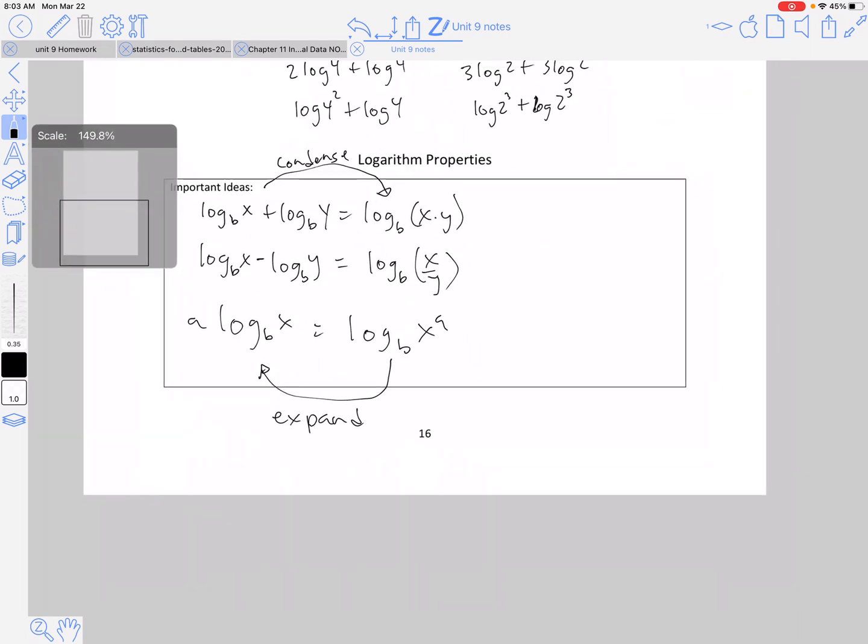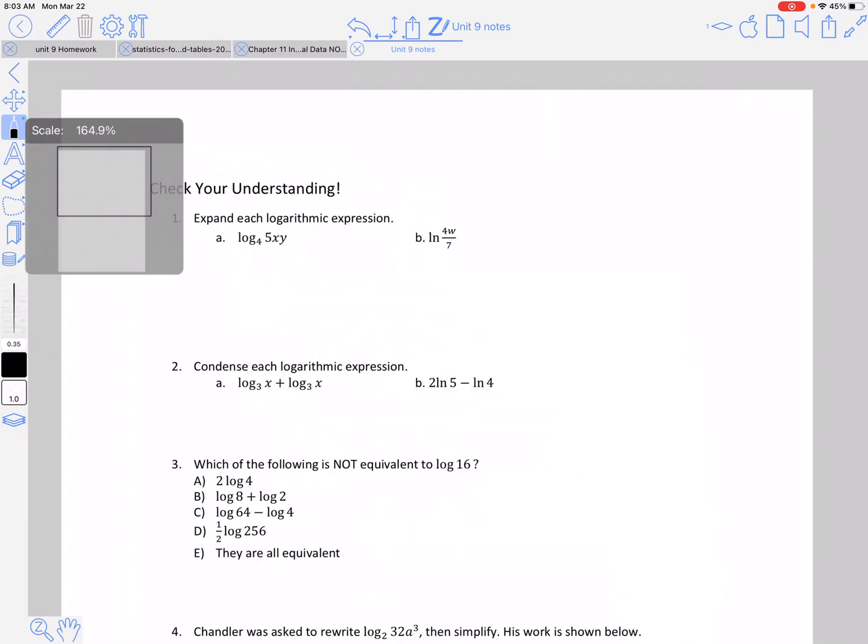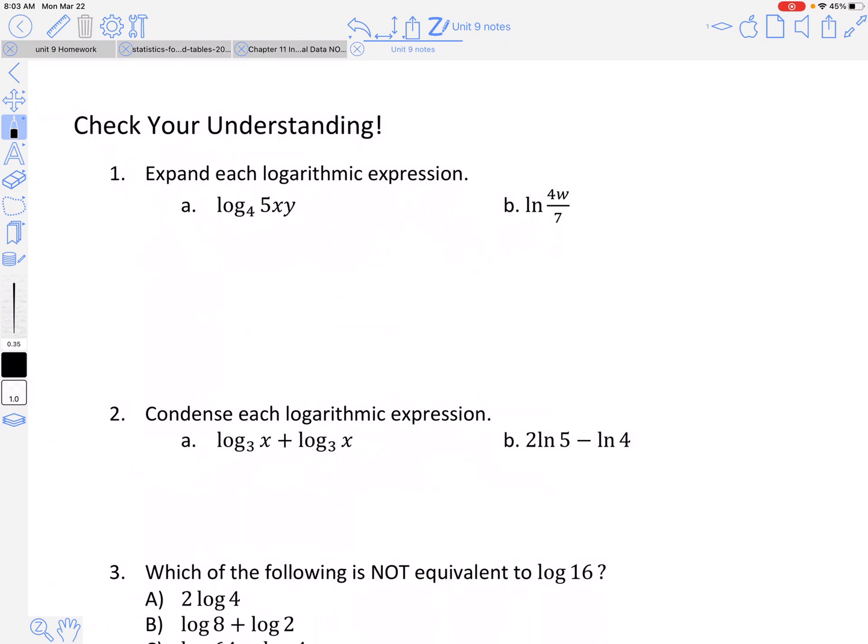All right, let's check your understanding, make sure you're feeling good on this. We're going to expand each logarithmic expression. So because these are held together by multiplication, remember what we can do is add them. Okay, so that's expanded.